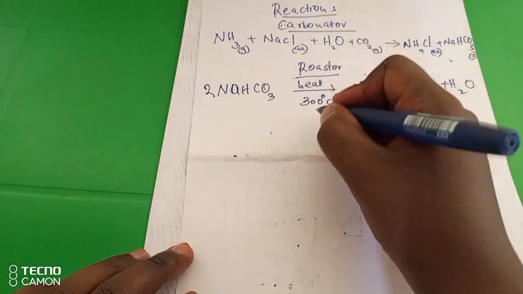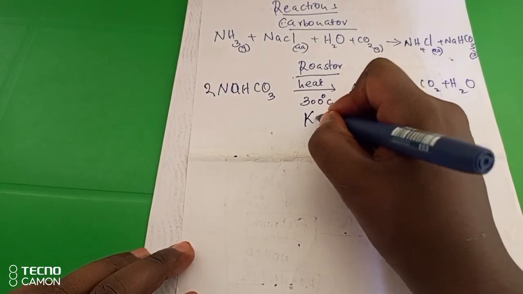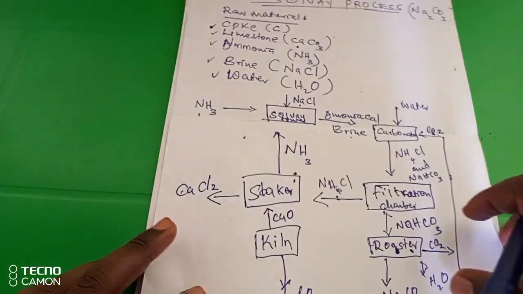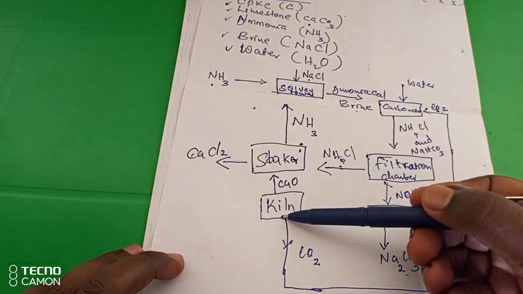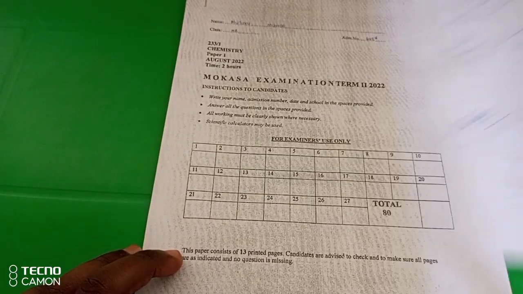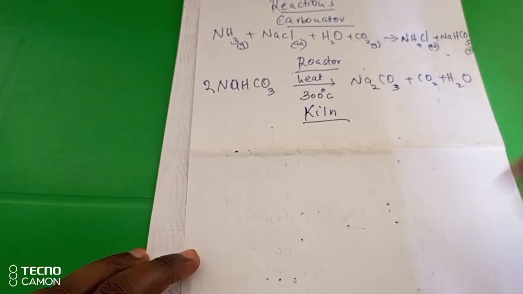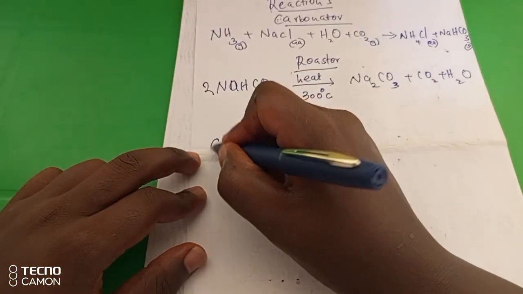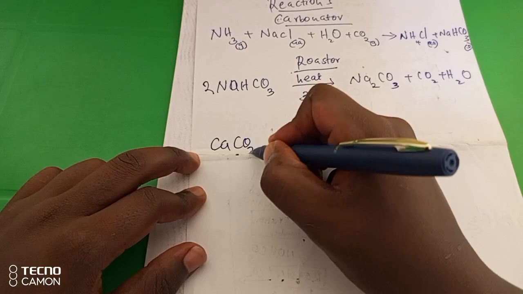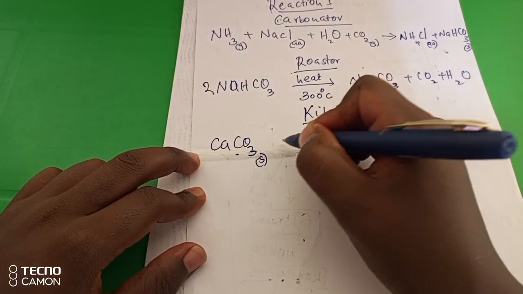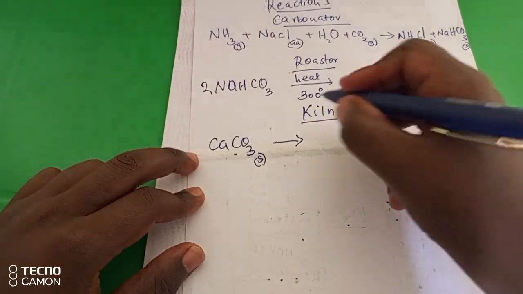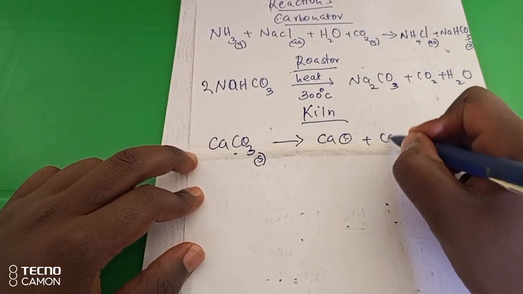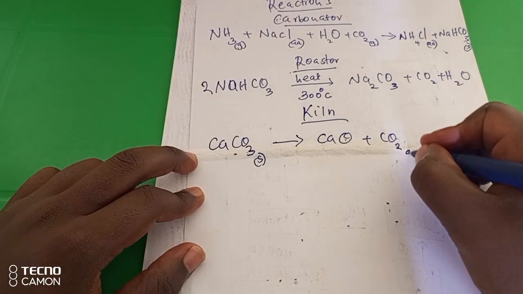Then we have the equation at the kiln. At the kiln, calcium carbonate is heated to produce calcium oxide plus carbon dioxide.